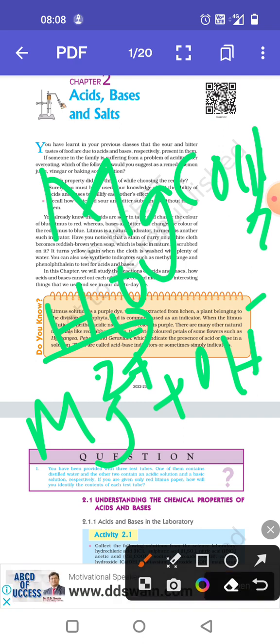So all these bases in aqueous solution give OH minus ions. According to Arrhenius theory, those chemicals that dissolve in water to release H plus ions are acids, and those chemicals that dissolve in water to release OH minus ions are bases. So students, now we know how to identify whether a chemical is an acid or a base. In the next class we will discuss the details.